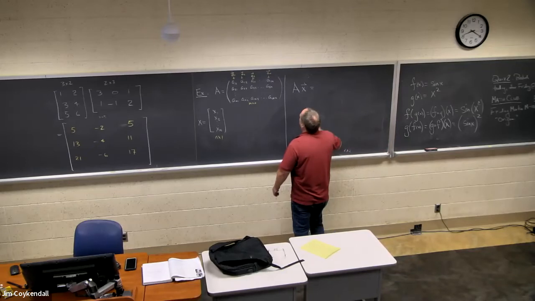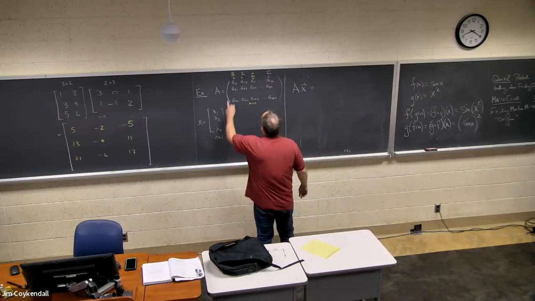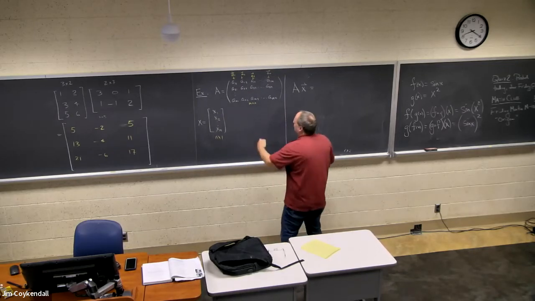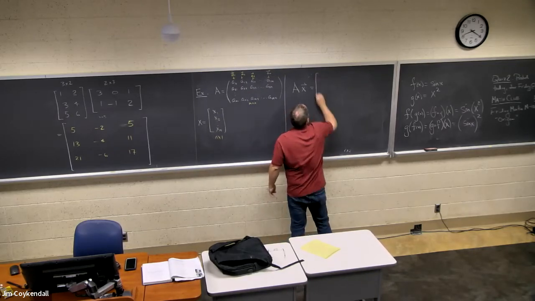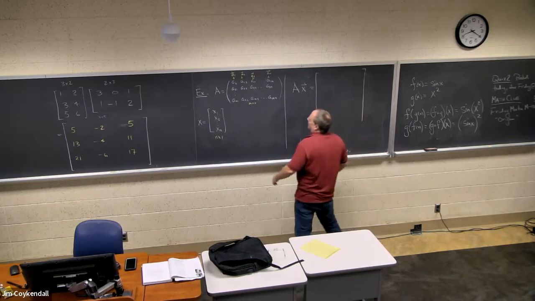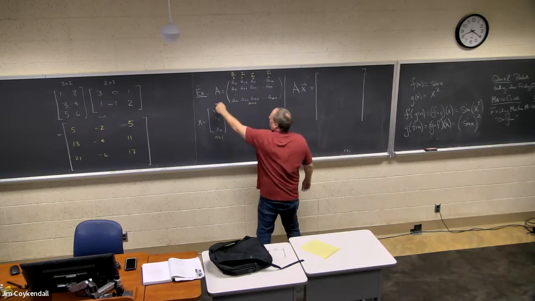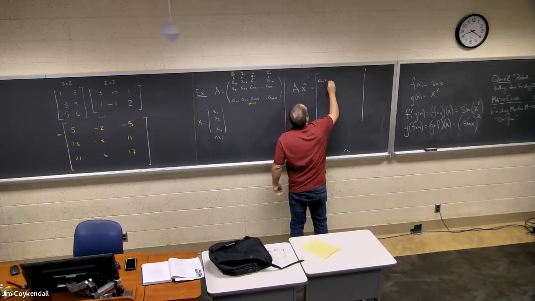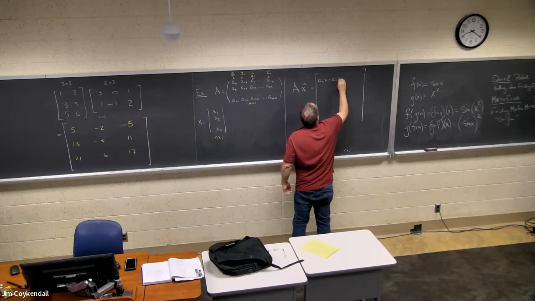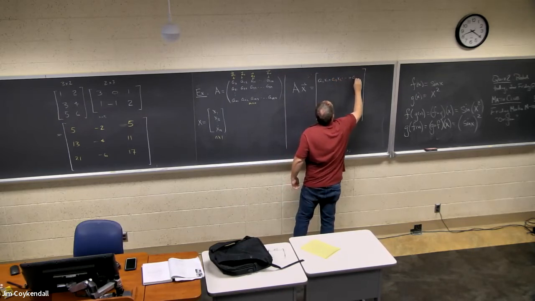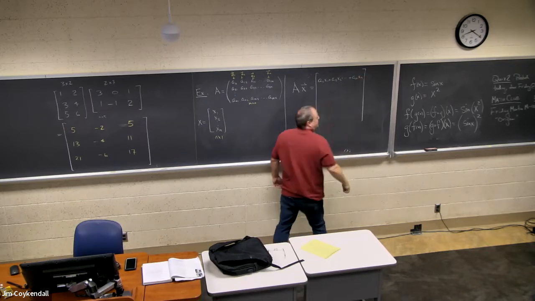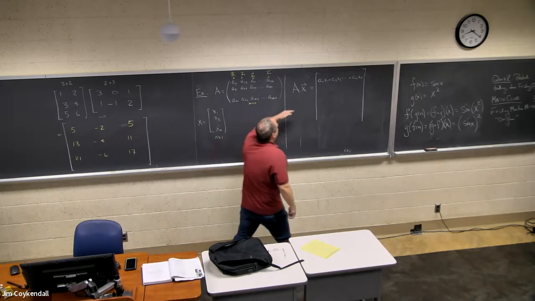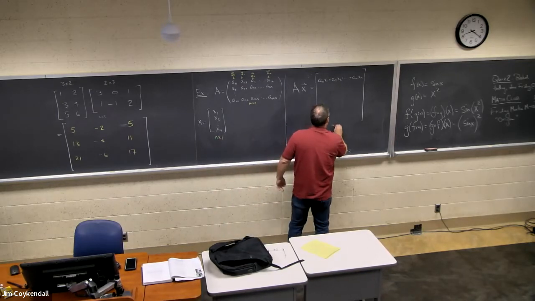And let's see what the entries are. It's this row times this column. So first row, first column. There's only one column here. So this is A11 X1 plus A12 X2 plus up to A1N Xn. And there's my entry up there. What's the next entry in my m by 1 matrix?